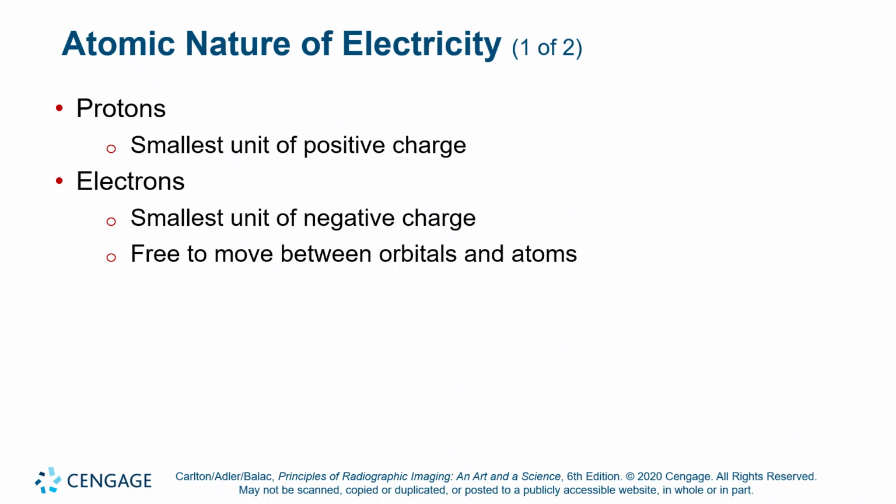But we know that electric charge is actually a possession of two of the atomic particles we learned. Protons have positive charges, and for matter, not antimatter, it is the smallest unit of positive charge. Electrons are the smallest unit of negative charge.